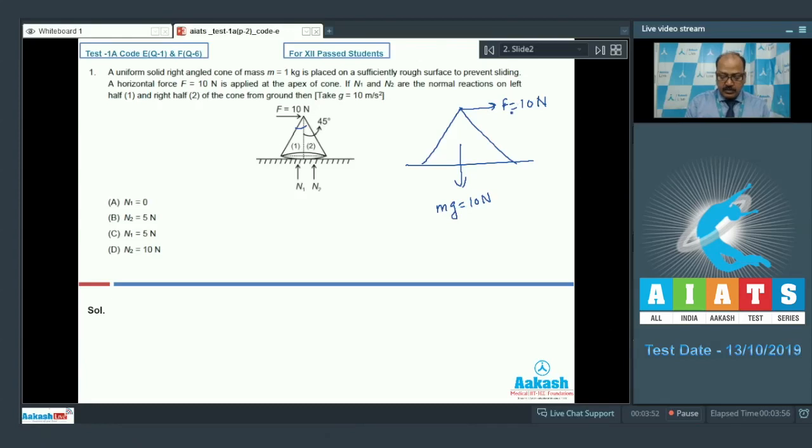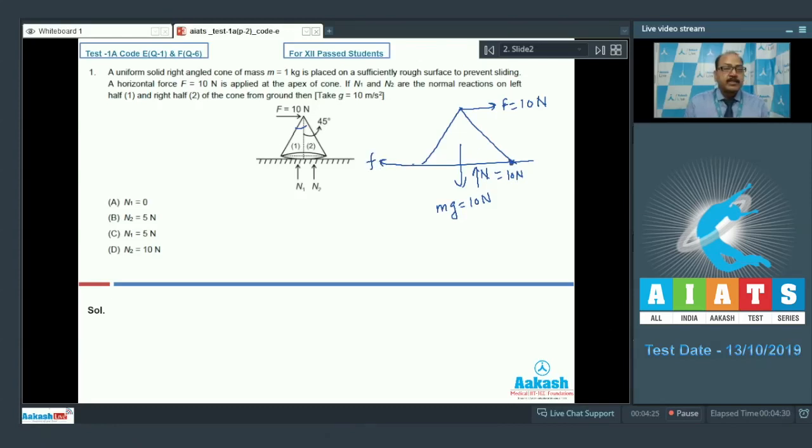Because of this force, obviously the normal reaction is shifting towards right. Let's say the effective normal reaction is passing through this point. Let's call it N. From vertical translational equilibrium, the value of N is 10 Newton again. It will balance this mg.